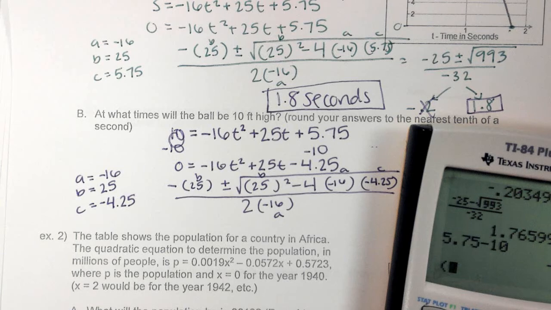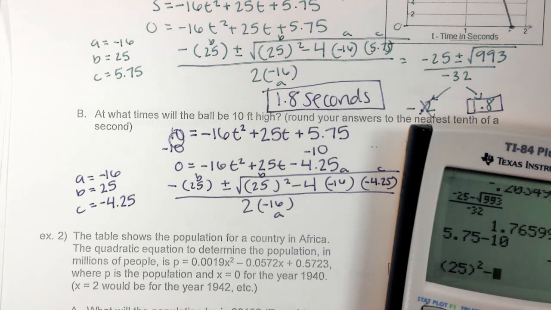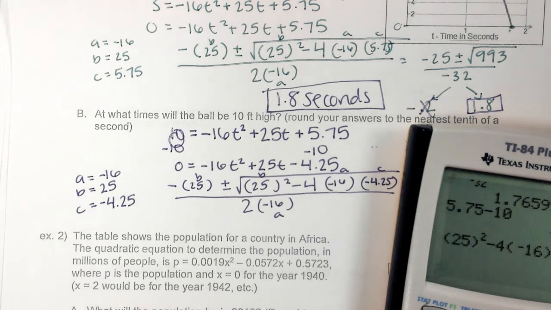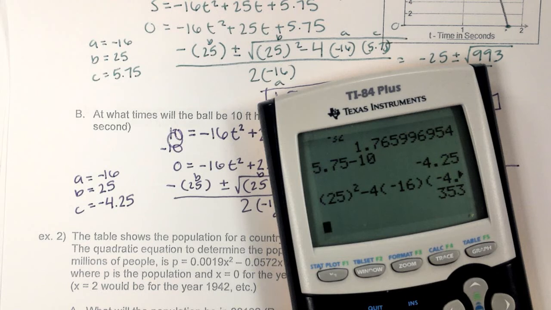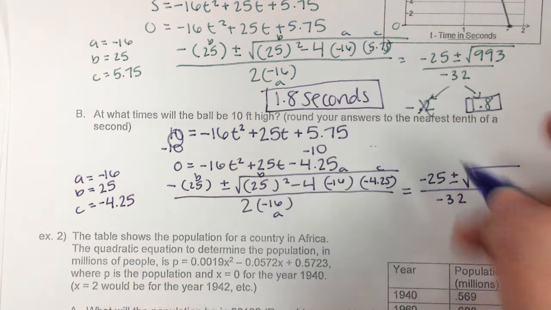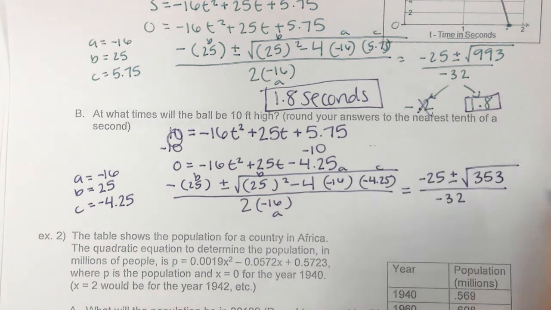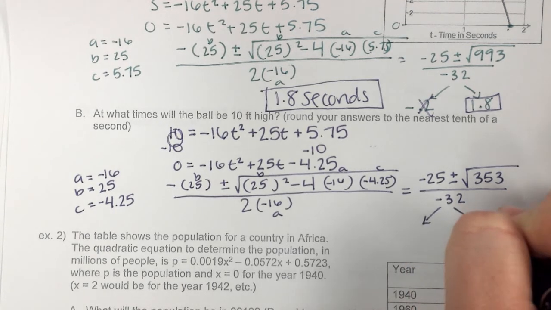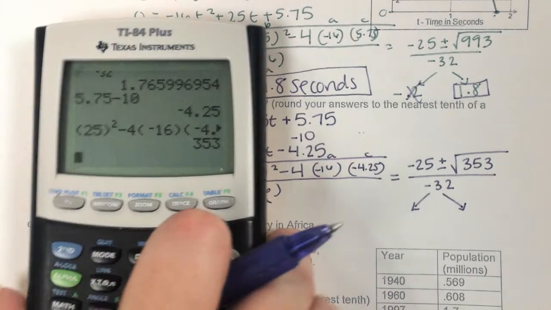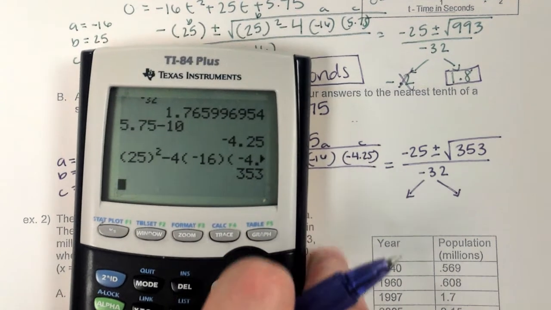So remember, we type just what's under the house. And I get 353. And we're going to figure out what that is.